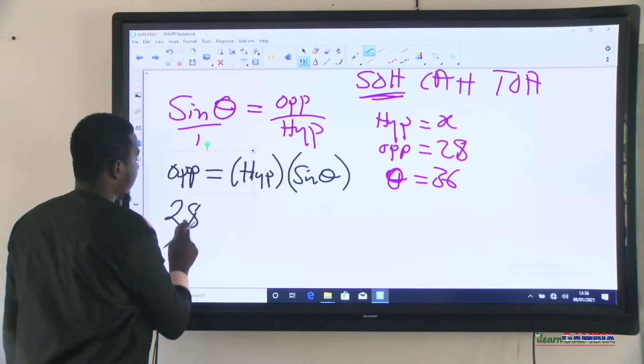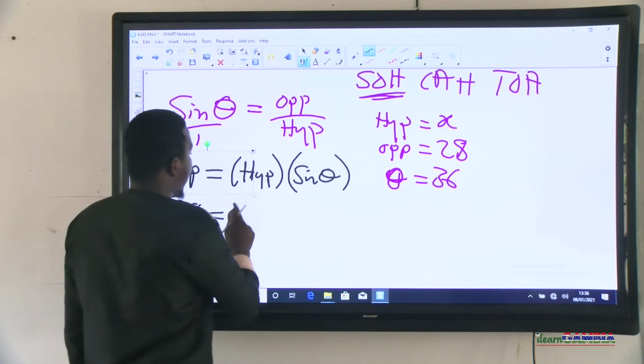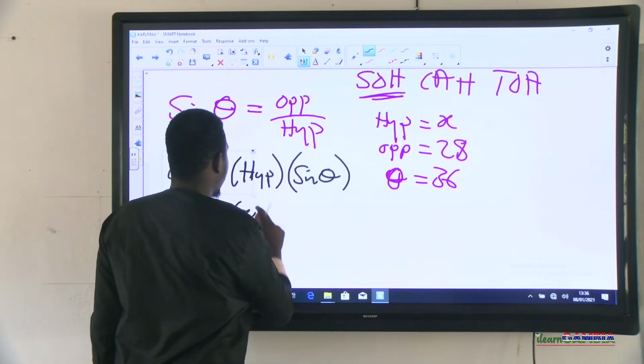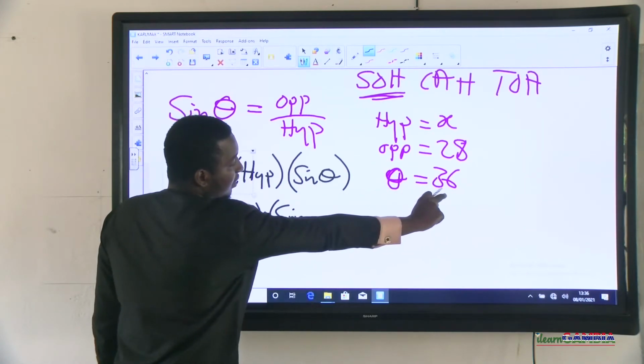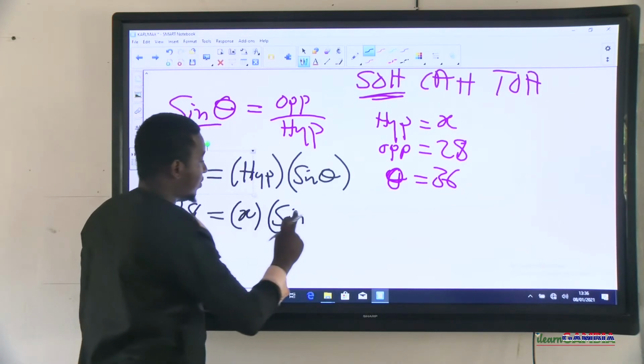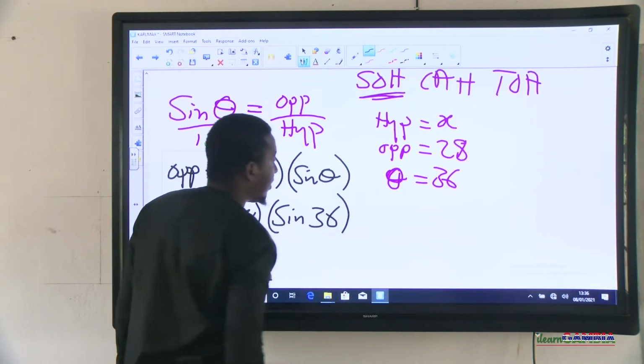You have 28 is equal to, the hypotenuse is what? The hypotenuse is x multiplied by sine. What is theta? Theta is equal to 36. So we have sine of 36.